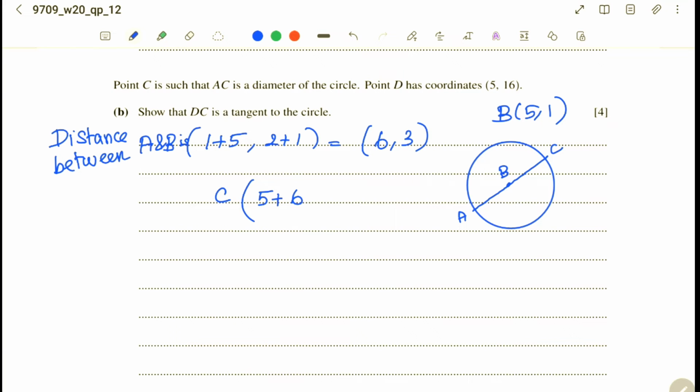So with 5 you add 6, and with 1 you add 3. So C is (11, 4).